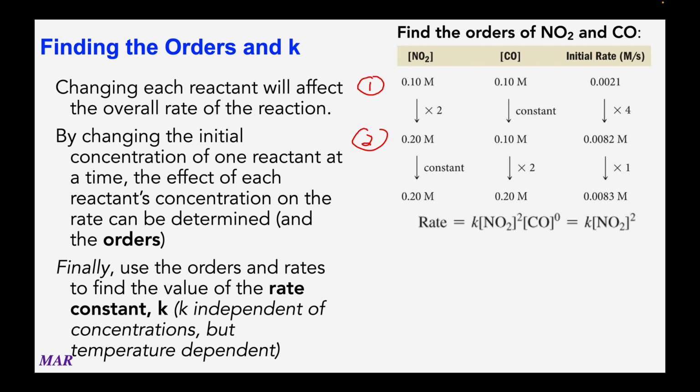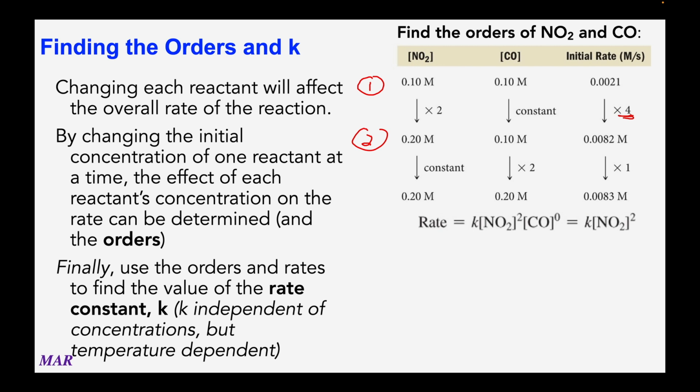So if we doubled NO2, we went from 0.10 to 0.20. Then we're going to also look at how the rate changes on the right. And you can see that 0.0021 to 0.0082, that's a change of 4 times. So for NO2, you can visualize it then as changing the concentration by 2 to the x, that's the order, we don't know the order yet, but 2 to the x equals a change in the rate of 4.